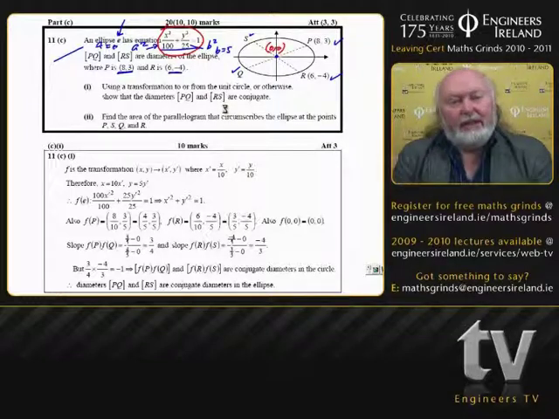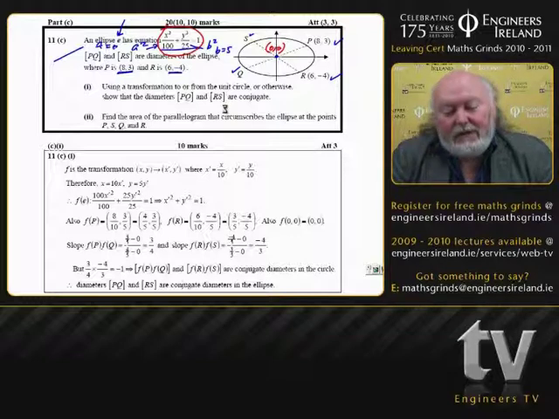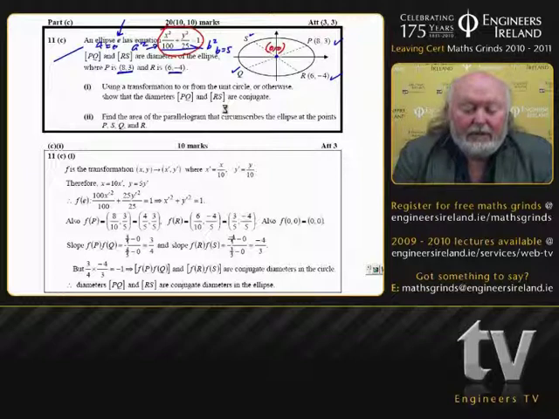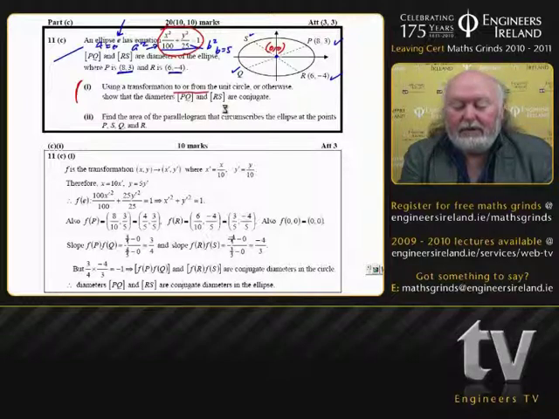So we already have 2 points on each of these diameters, the center and the given points. Now watch this. Using a transformation to or from the unit circle, or otherwise, if you want to do it any other way, do it. Show that the diameters PQ, RS are conjugate.